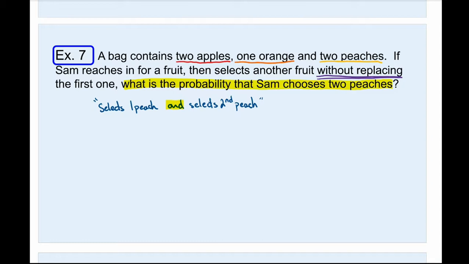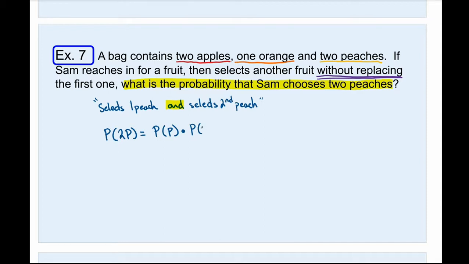So this is a dependent event. So the probability of 2 peaches is going to equal the probability of selecting 1 peach multiplied by the probability of selecting a second peach.